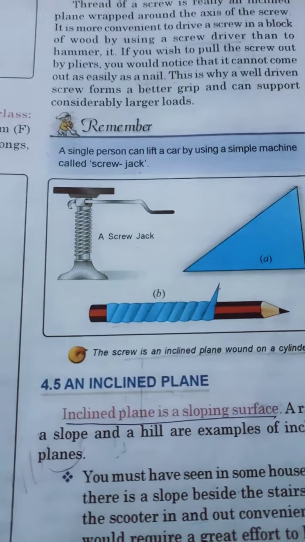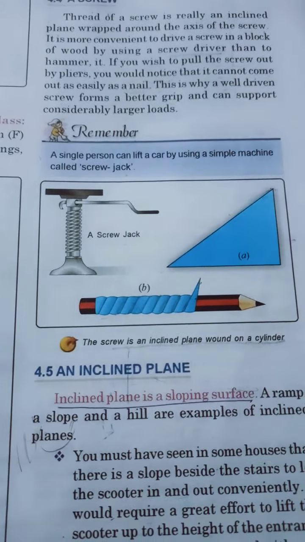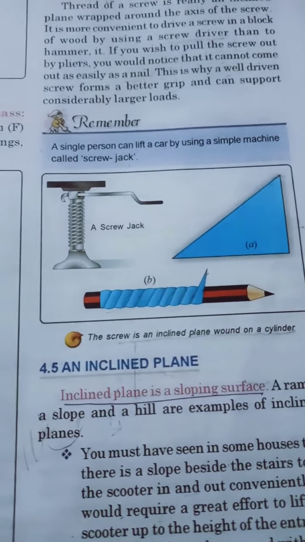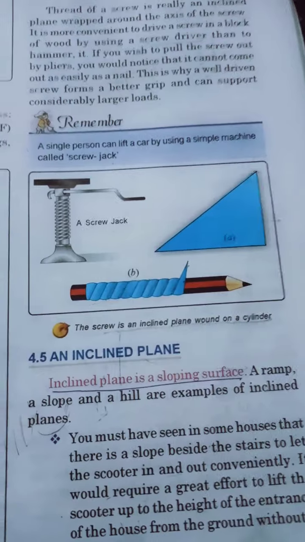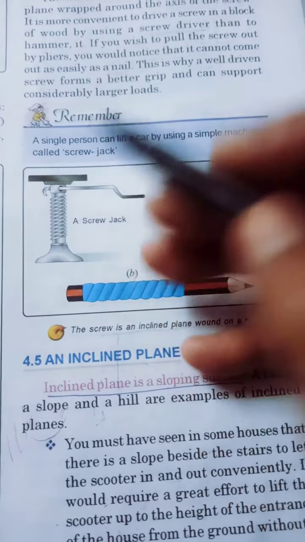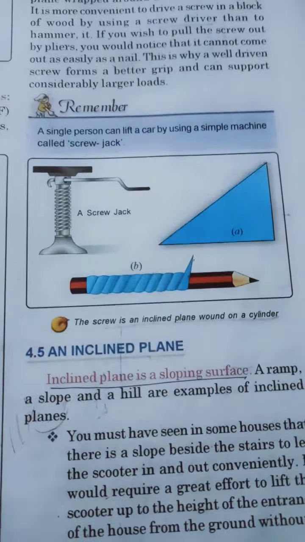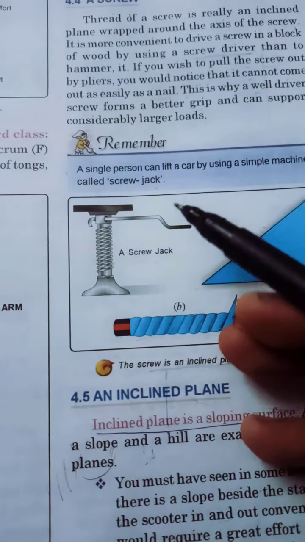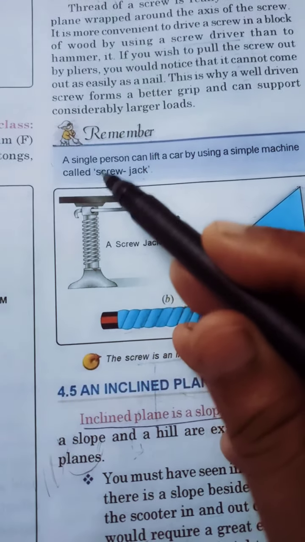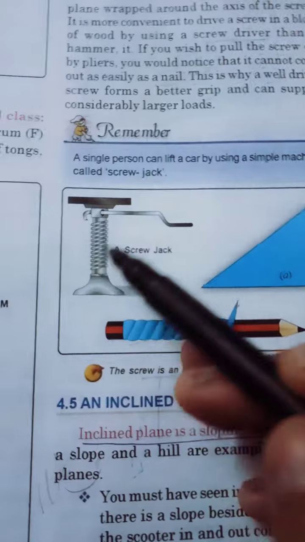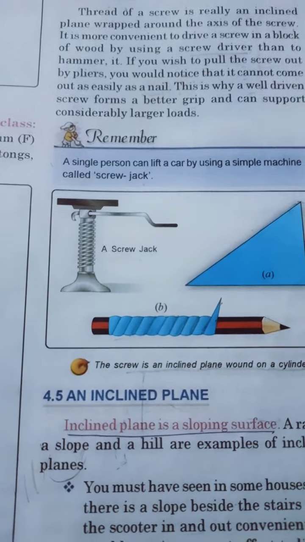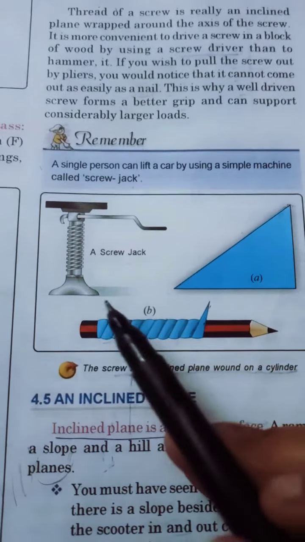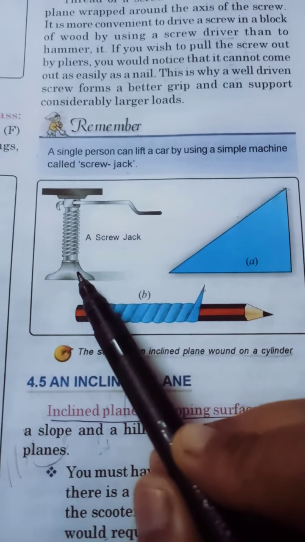We keep it under the car, and then we move this rod and it becomes higher, okay. So it will raise our car to a higher height, so then we can easily change the tire.